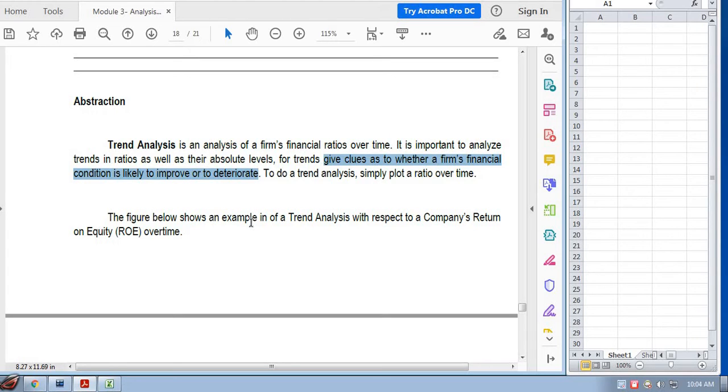You will know whether it went up or down. So it will give you a clue whether the condition or operation of the company will improve or deteriorate. It is very important in decision making because it will give you an answer whether it is safe to invest in that particular company or not.